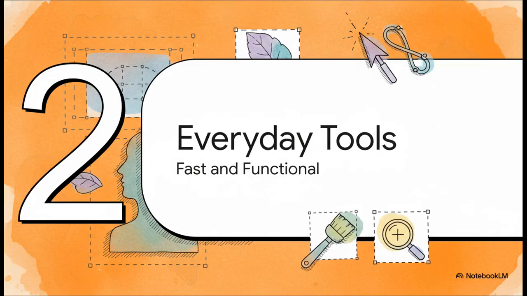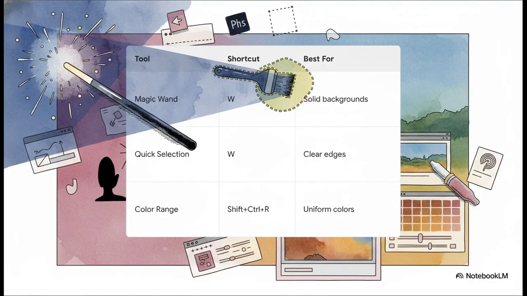Which brings us to step 2, everyday selection tools, fast and functional. You can think of this as scenario-based editing. For instance, what if you have a perfectly solid background? Well, your immediate answer is the classic magic wand tool. Just hit W, click the background, and boom, you're mostly there. What if your subject has clear edges and really high contrast against the background, like a dark silhouette against a bright sky?